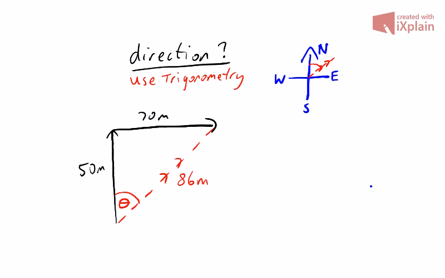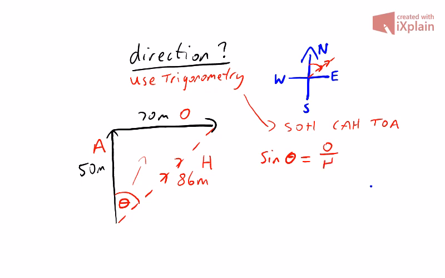To get that angle we're going to use trigonometry, or in other words SOHCAHTOA, if you've learned that in maths. So sine, cosine and tangent. We're going to label the displacement side the hypotenuse, the line across from the angle the opposite side, and then the other side is adjacent. We'll just use the sine one here. Sine theta equals opposite over hypotenuse.